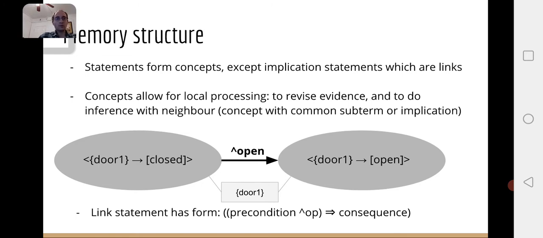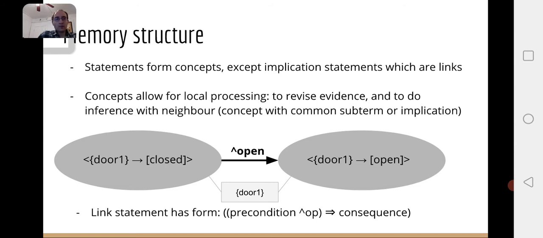They allow us to summarize evidence via revision, and they also allow inference with neighbors, which are connected either through a common subterm, so are semantically related, or through an implication link, which means a temporal relationship. In this case, you see that if the door is closed and you call the open operation, the door will be open.